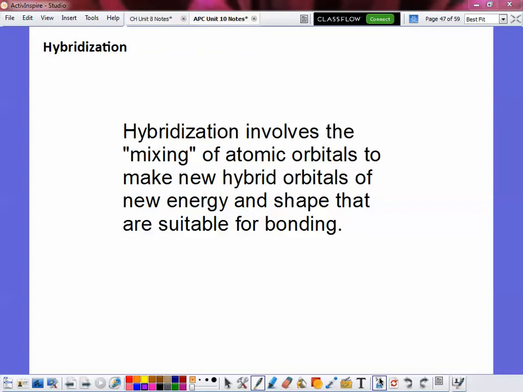There are some exceptions that actually use some of their d orbitals to bond, but for the most part, we're using s and p orbitals. They get mixed up like in a blender, and they make hybrid orbitals that have new energy and shape that are suitable for bonding.